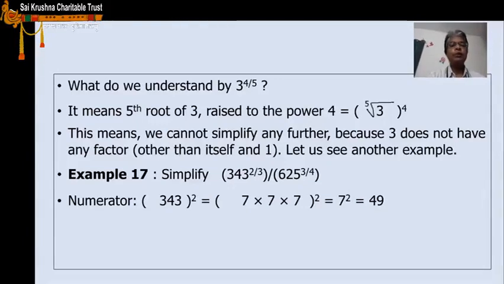So 343 to the power 2/3: whenever the denominator is the nth root and the numerator is the power, the denominator 3 here gives the cube root of 343, and the numerator 2 gives whole power 2.